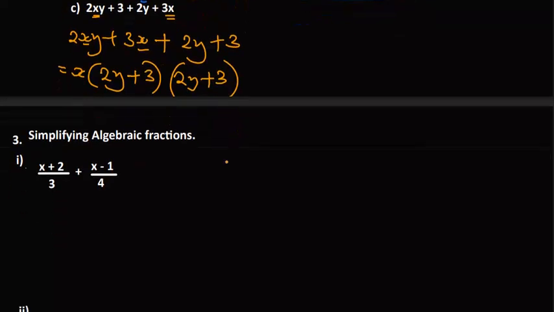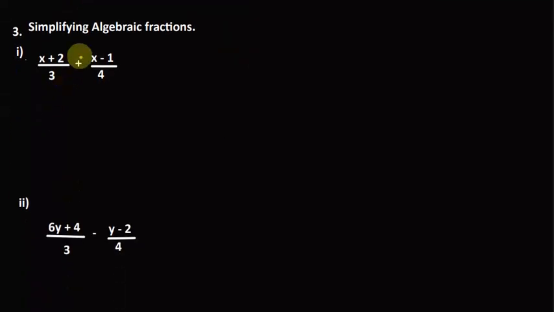Let's look at the next concept, simplifying algebraic expressions. We want to simplify. This is a very easy concept. Just check on what I'm doing. I will rewrite the question that is already there. These are normal fractions, so we find the LCM.